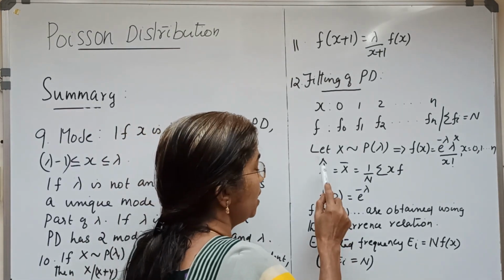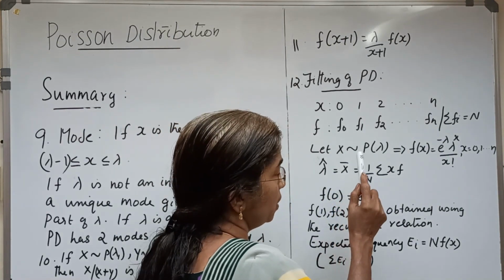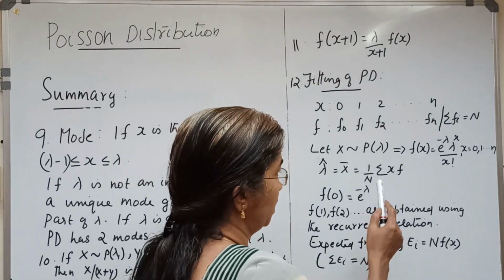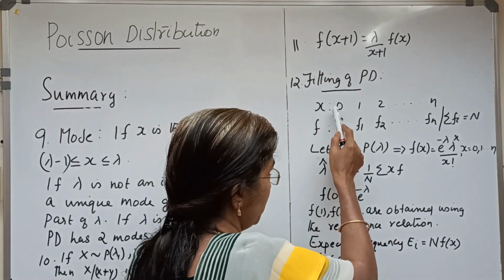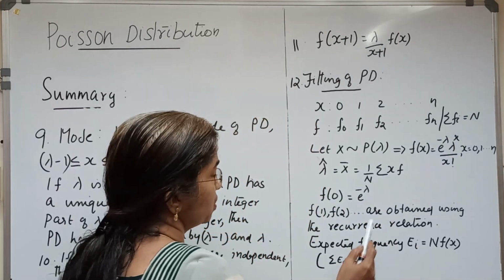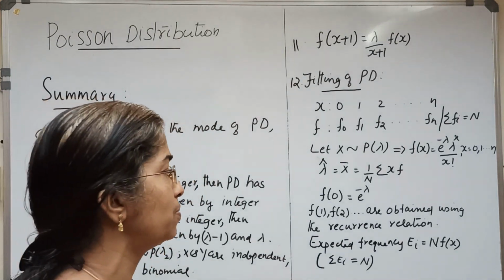Thus we get lambda estimate equal to x bar, equal to 1 by capital N sigma x into f, divided by capital N.